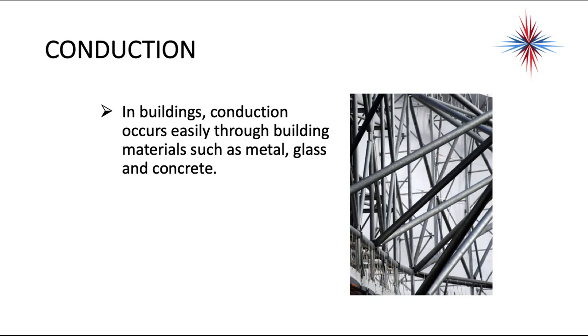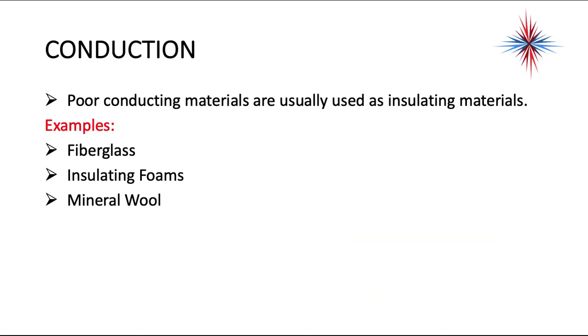In buildings, conduction occurs easily through building materials such as metal, glass, and concrete. Poor conducting materials are usually used as insulating materials. Fiberglass, insulating foams, and mineral wool are all poor conducting materials, and they're used for insulation.